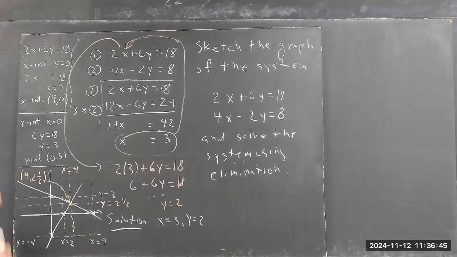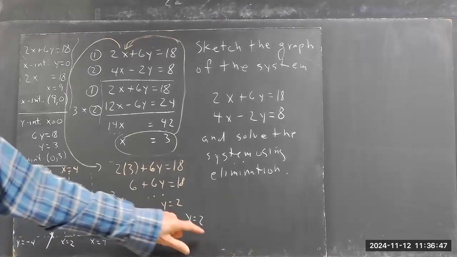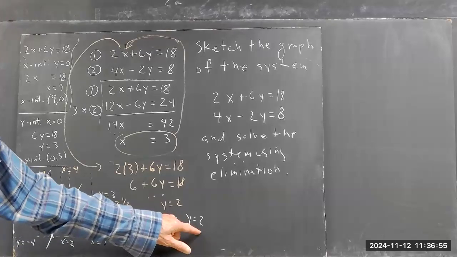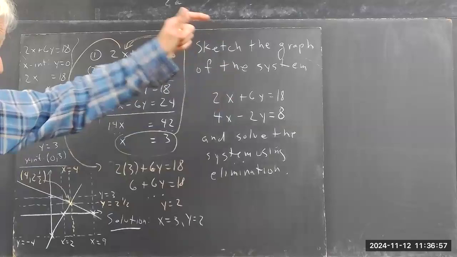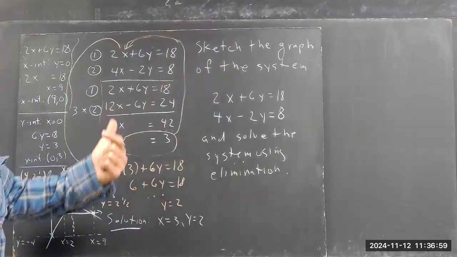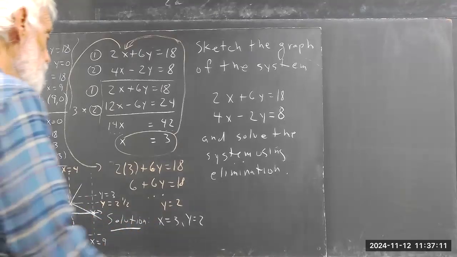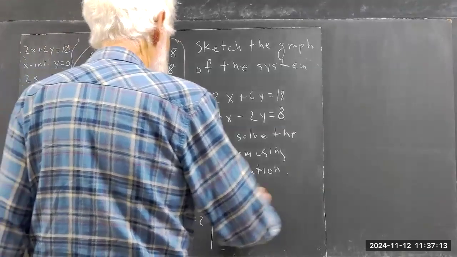Okay, a reasonable sketch of your graph should confirm your solution, or should make your solution plausible. If my solution was x equals 7, y equals -2, I'd have messed up something in my arithmetic up here, I'd say something's wrong. Either my graph's wrong or my solution's wrong. Right now, I say the solution and the graph are reasonably consistent. Okay, so down here, I'll draw my final conclusion.